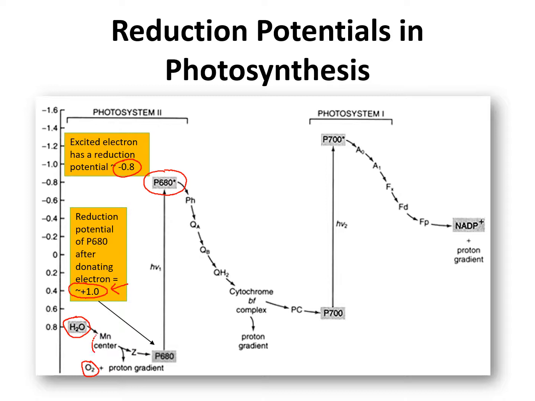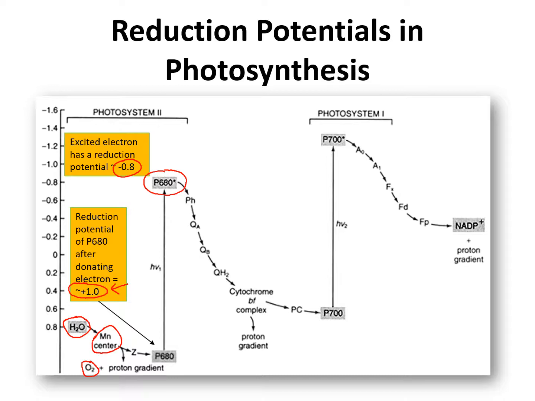So we use a manganese center. Manganese is a key metal ion that's in the reaction machinery in photosynthesis. And that electron will flow through that manganese center, and it will flow to P680 from water.